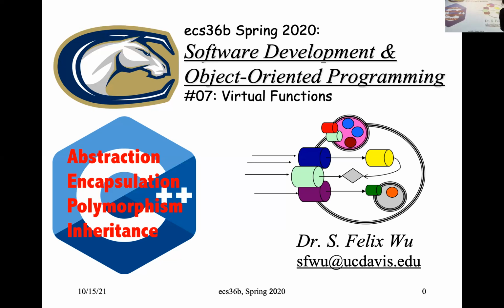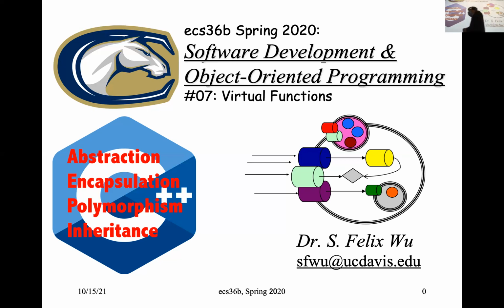Okay, so up to this point we've handled all the issues for single inheritance, the basic inheritance issues. There are 2 more topics I'm going to cover in the next few lectures. In fact, there are 3.